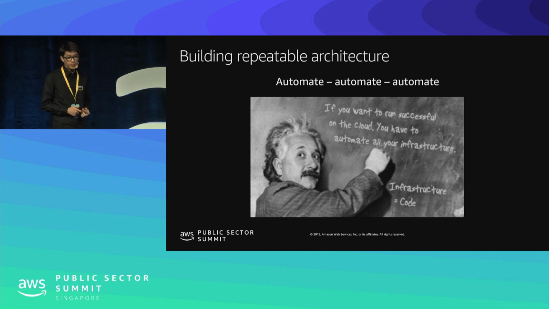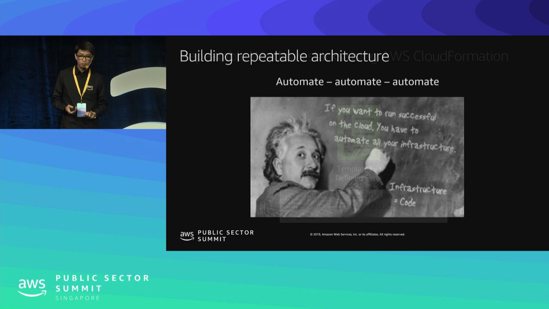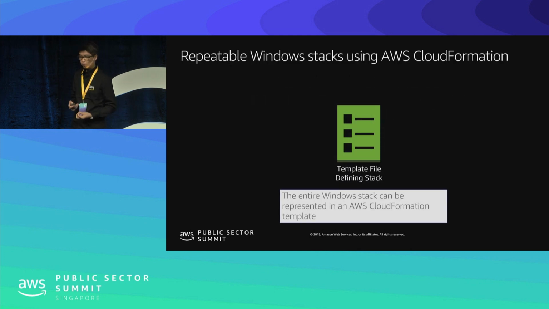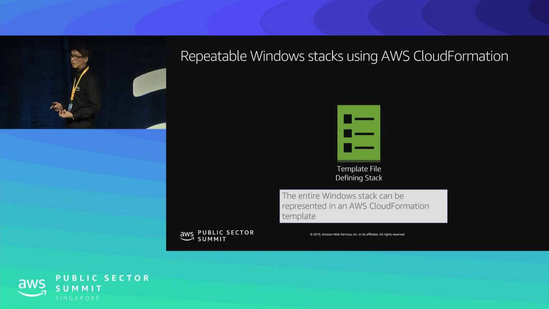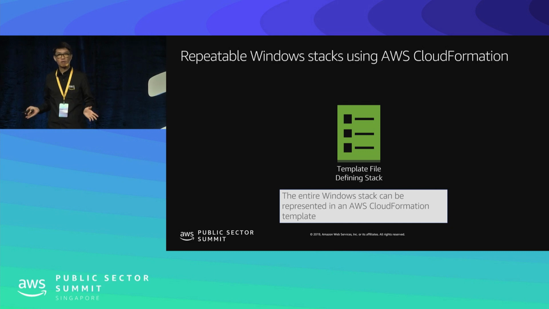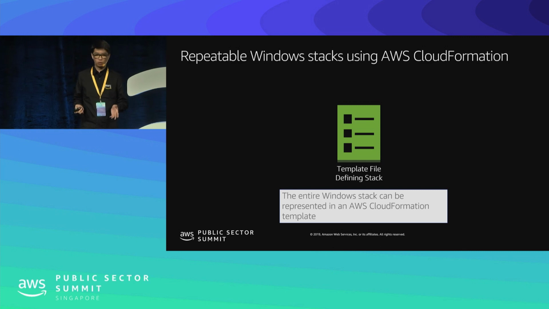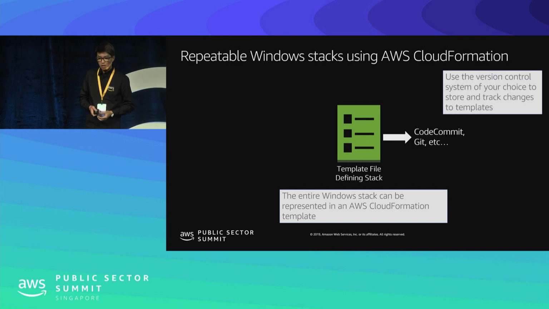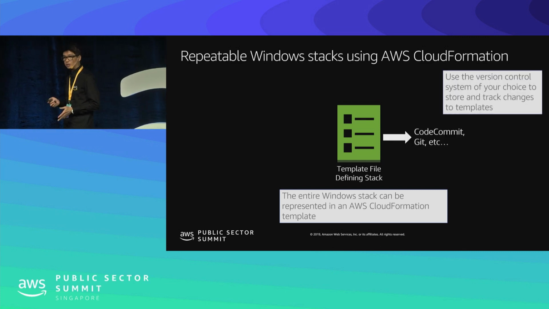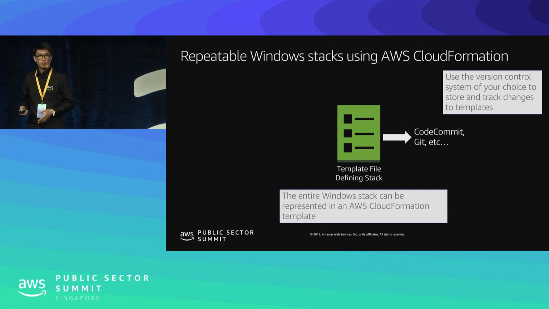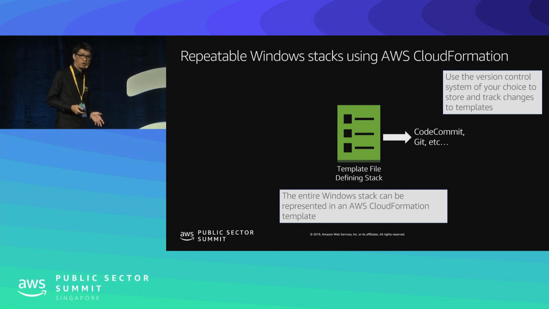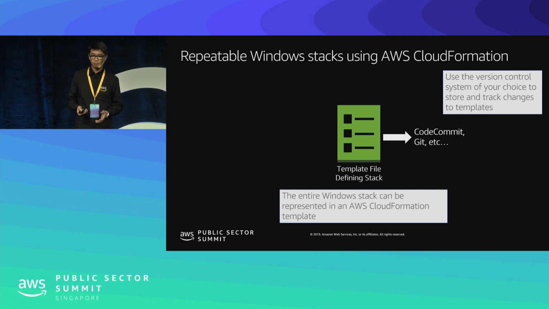So the key thing about building repeatable architecture is automation. We have a service called AWS CloudFormation such that you can define the whole Windows stack, from web app to DB, as code. You can use version control on that template, because now not only do you have version control on your application code, you have version control on your infrastructure as well.